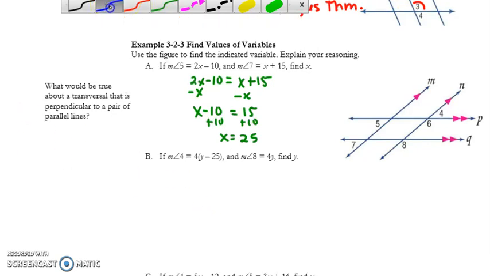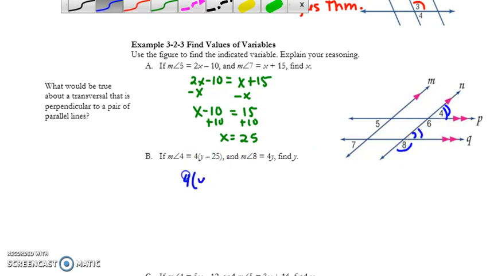Now, the measure of angle 4 compared to the measure of angle 8: 4 would be the same as this one right here, which would be supplementary to 8. So that one is going to have to add up to 180, because this one is going to be the same as angle 4 right here, so it would be supplementary to 8.